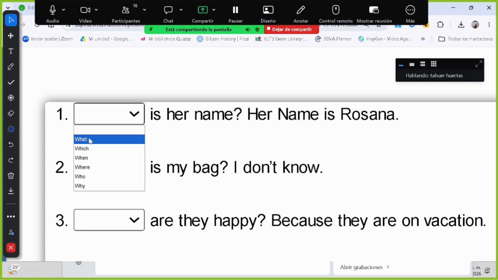Let's remember, we use what to ask about things. We use which when you choose between 2 or 3 objects or people. When is about time. Where is about places. Who is about people. Why is about reasons.